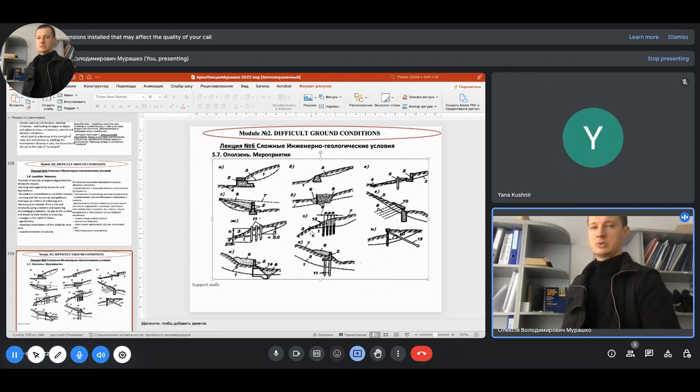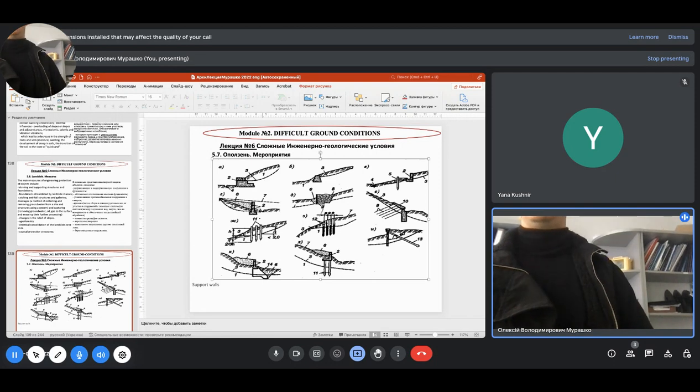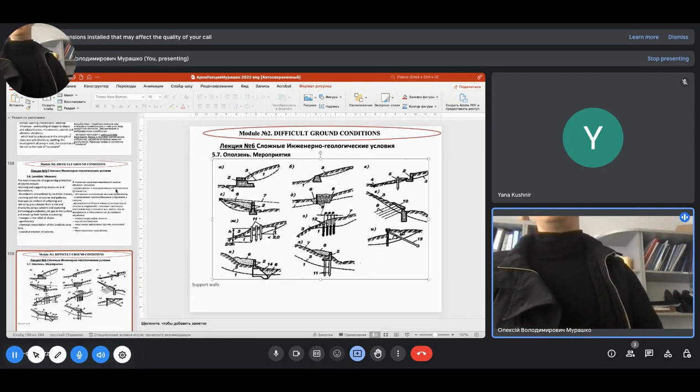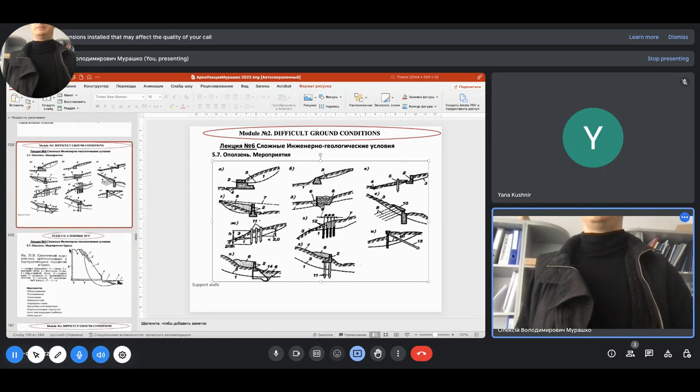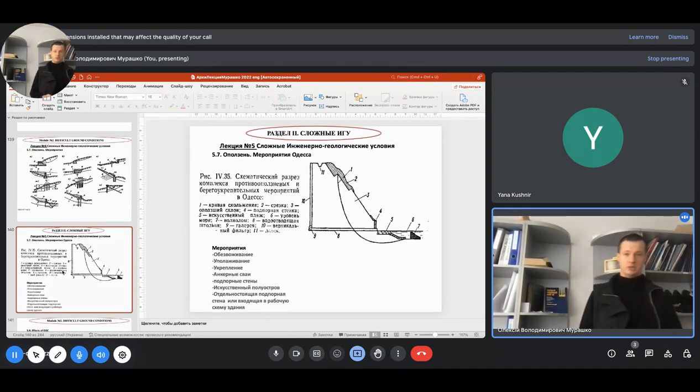Also, such piles and anchors can be used to protect our construction sites from the impact of landslides.